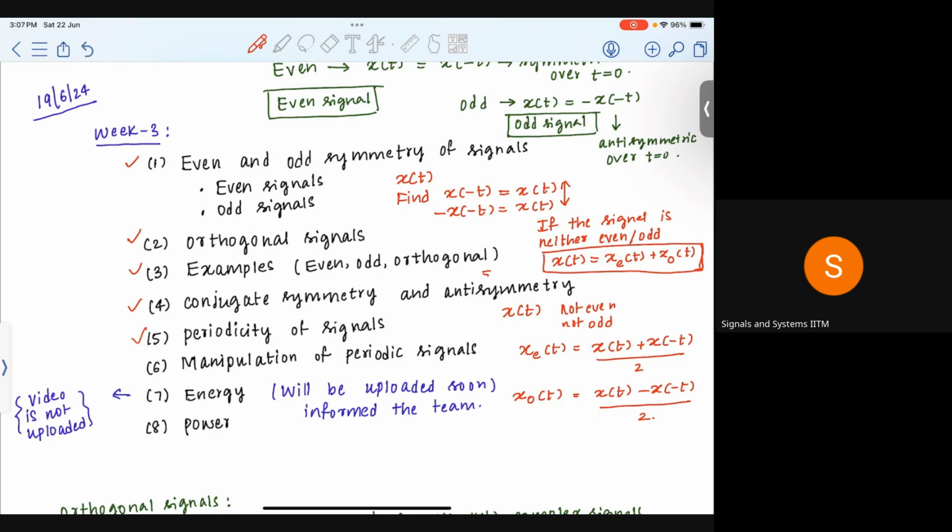And these are all defined for real signals. And orthogonality is also defined for complex signals. But when we go for the complex signals, we have something known as conjugate symmetry and antisymmetry, which we have seen. And we also saw what we meant by the periodicity of signals, right?